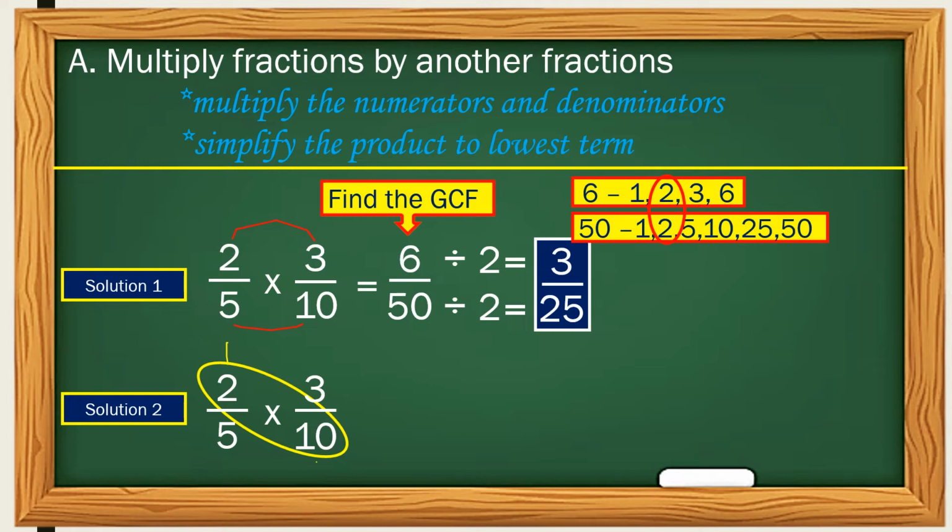Meron tayong 5. Okay? Ngayon, ang susunod natin gawin ay i-multiply natin itong dalawang to. 1 times 3 and 5 times 5. So, the answer is 3/25. So, that is the final answer.